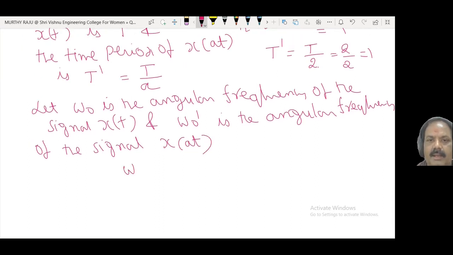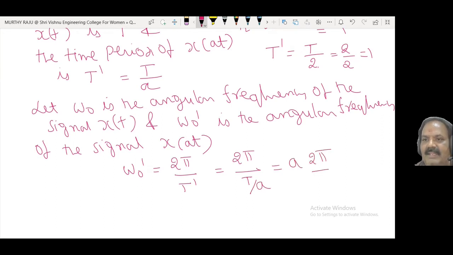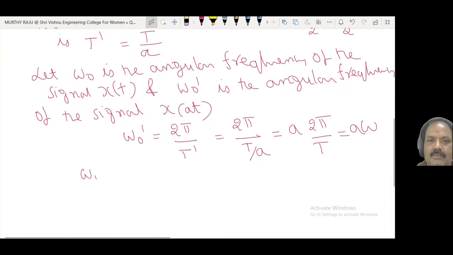Omega naught dash is equal to 2 pi by T dash, that is equal to a into 2 pi by T, which is a omega naught, and T dash is equal to T by a.